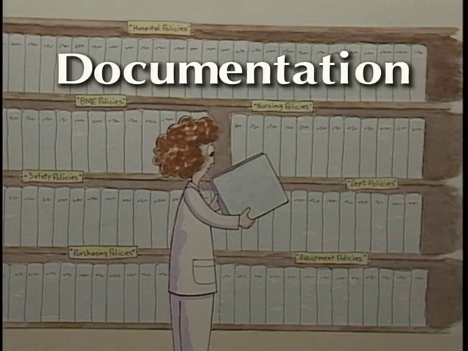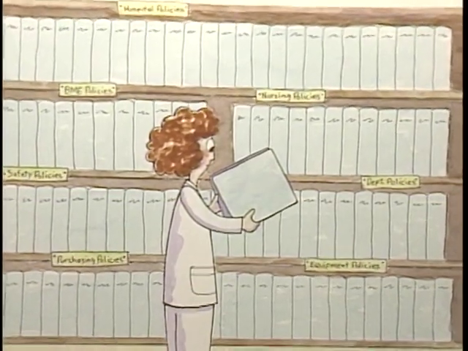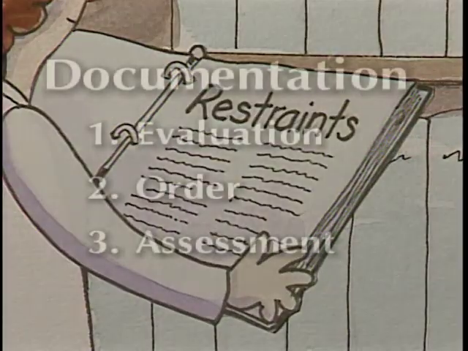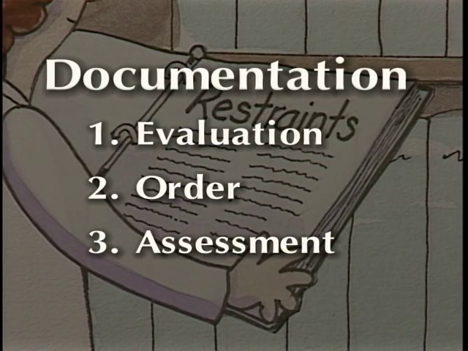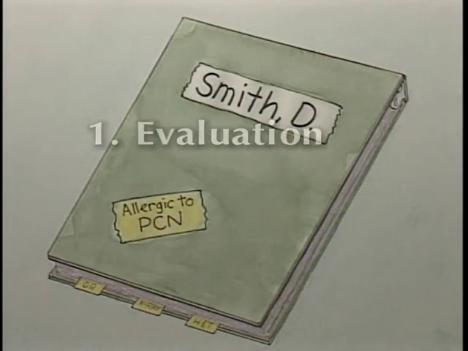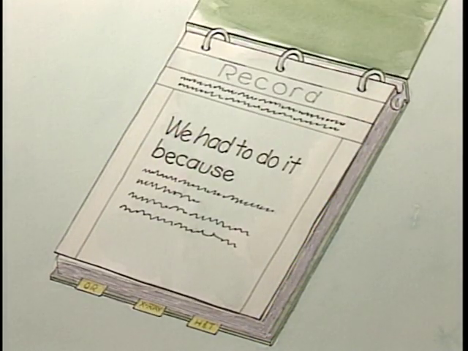Your facility requires special documentation when restraints are used to protect the facility and you from legal action. It's very important that you know and follow these policies. First, make a greater than ordinary effort documenting the evaluation and decision-making process. The evaluation must show that the use of the restraint was well warranted.